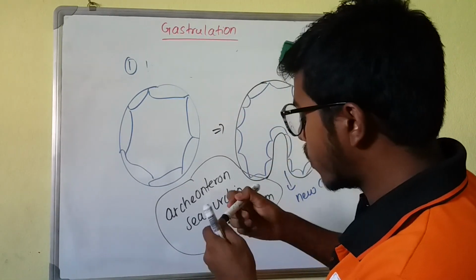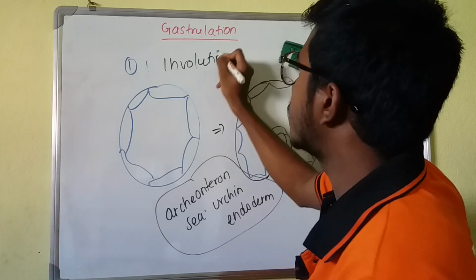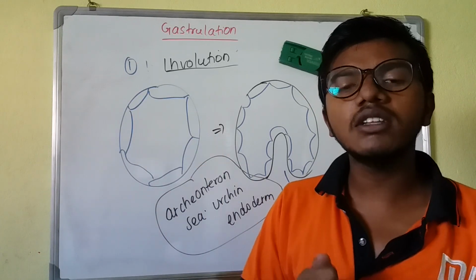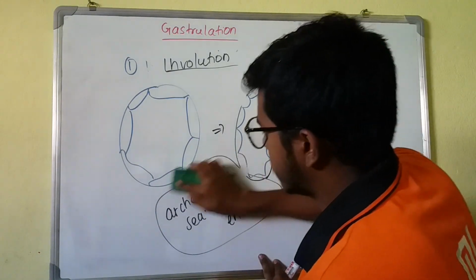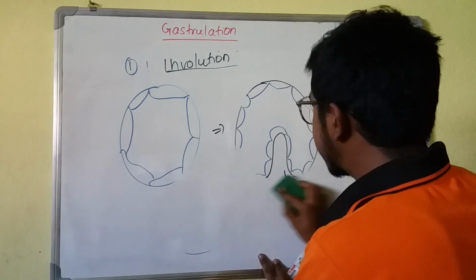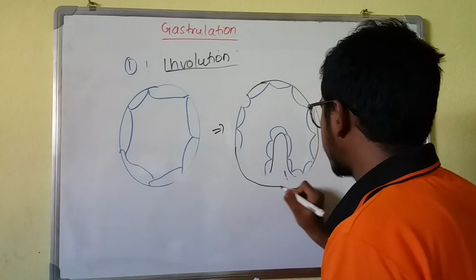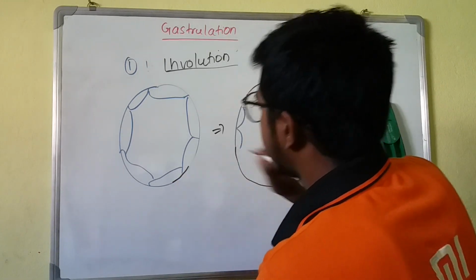There is a second movement known as involution. So what actually is involution? Involution is the inward rotation of cells. Let me explain how it takes place. You have to remember all the examples that might be asked in the entrance exam. Let's say this is again a blastula figure.